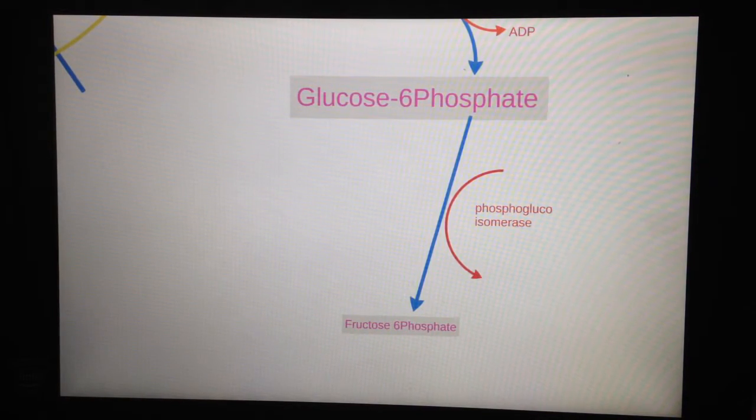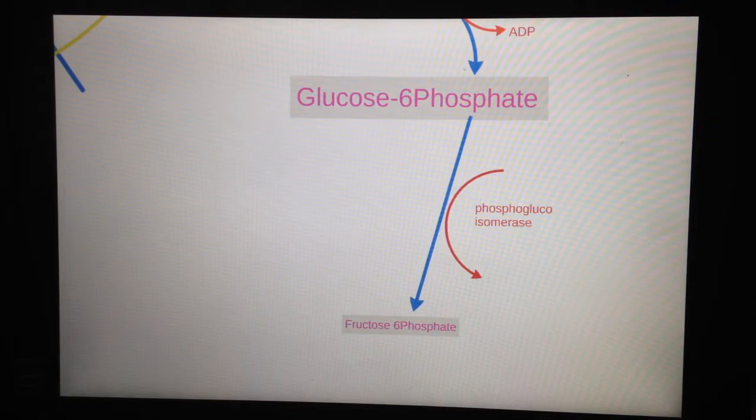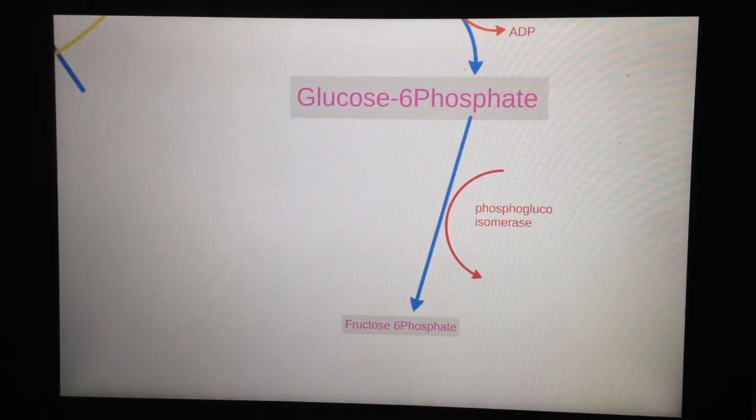So glucose and fructose are isomers. This reaction is actually freely reversible, but usually it goes in the direction of G6P to F6P because F6P is continuously being changed into F16BP by the next reaction.